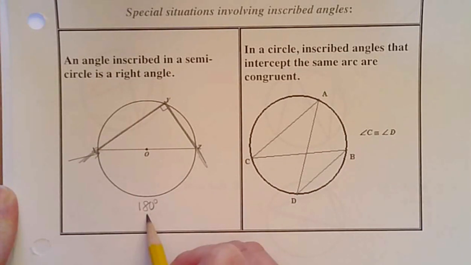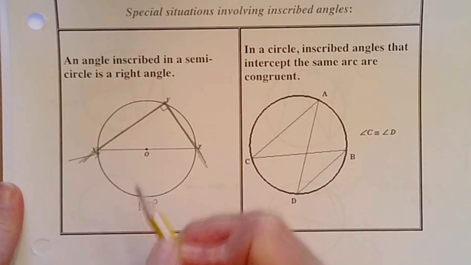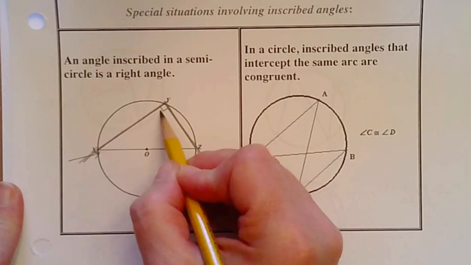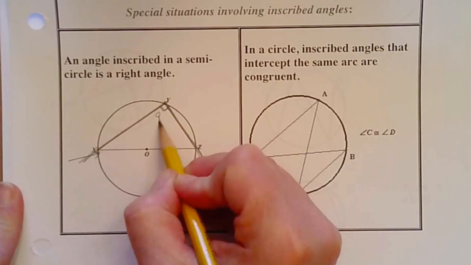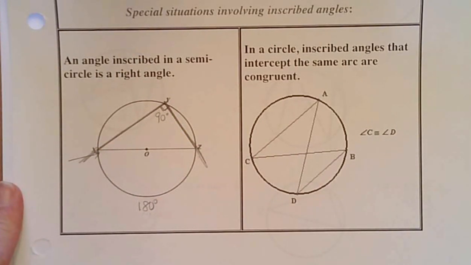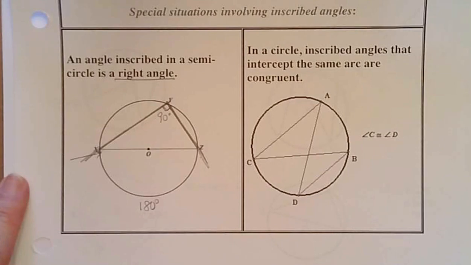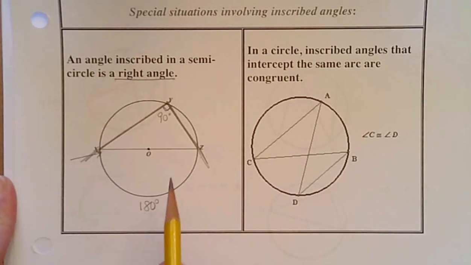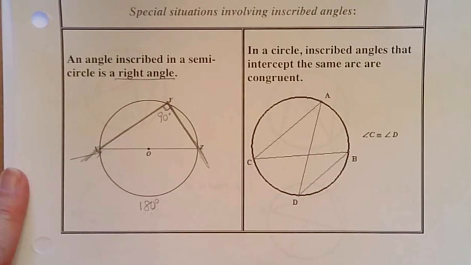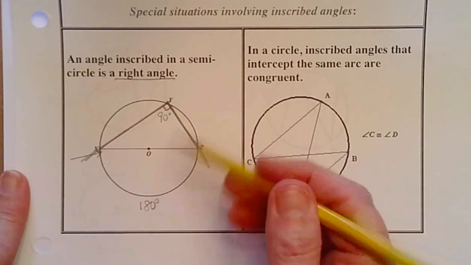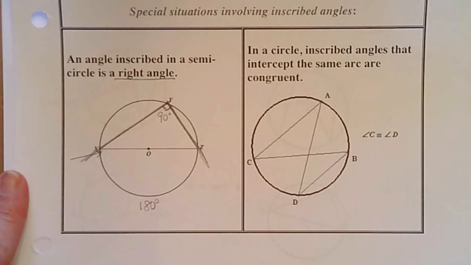So remember, from above, we take our arc, divide it by 2, so we cut it in half, and that's going to be this angle in here, and it's 90 degrees, so that's why we have the right angle. This example here is my go-to example. If you can't remember which way to multiply or divide by a half, this is the example that tells you.